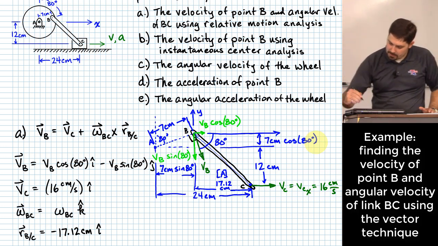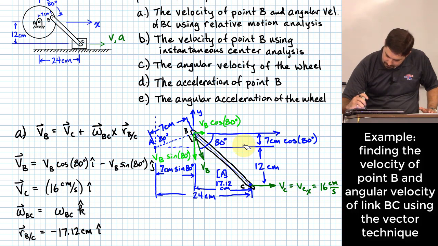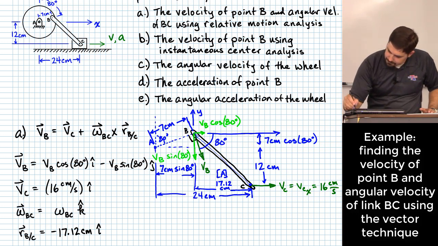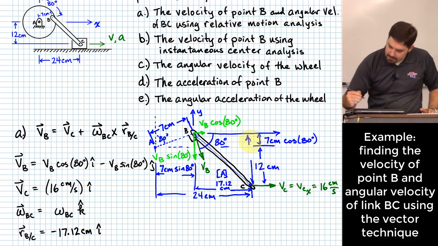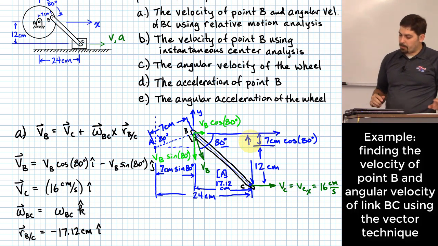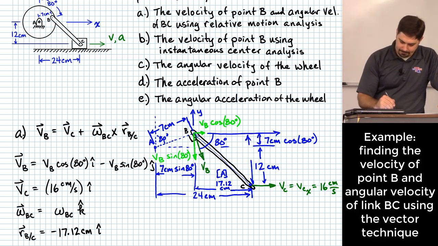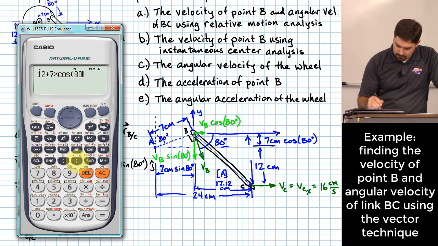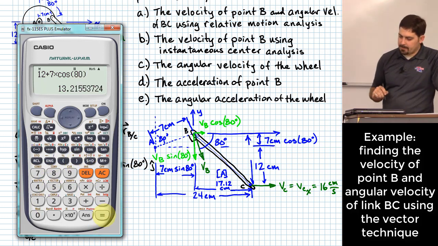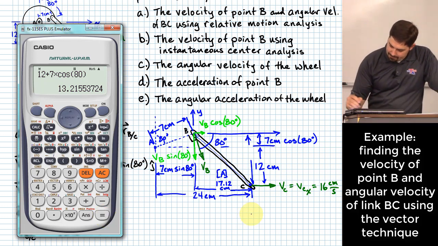Okay, and so the total amount of height that I have here to here is going to be equal to 12 centimeters plus 7 centimeters cosine of 80 degrees. And that just gives me 13.216, we'll say.